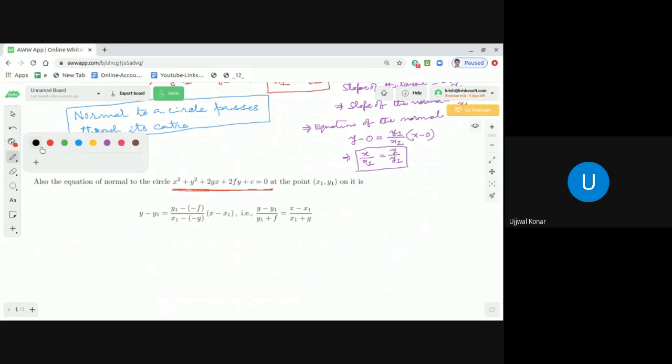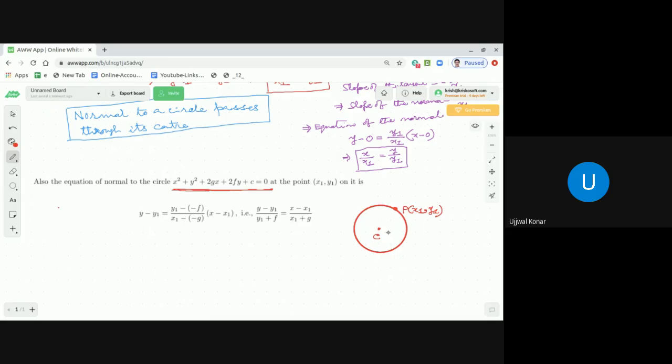Now if I draw the corresponding circle, suppose the circle will be something like this, correct? Let's take the point P here, having coordinates x1 comma y1, and let's take the center of the circle as C.